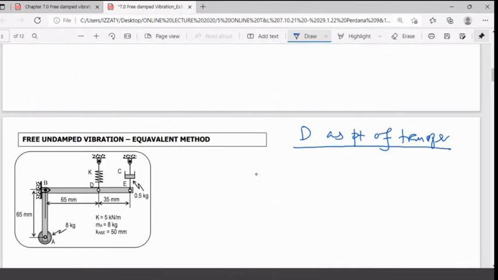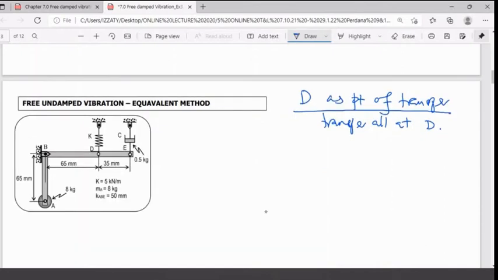So now, if D is the point of transfer, then I'm going to put everything in B, so transfer all to D. How is it? Your system becomes like this. This one at point B will not change. This is the distance 0.065.